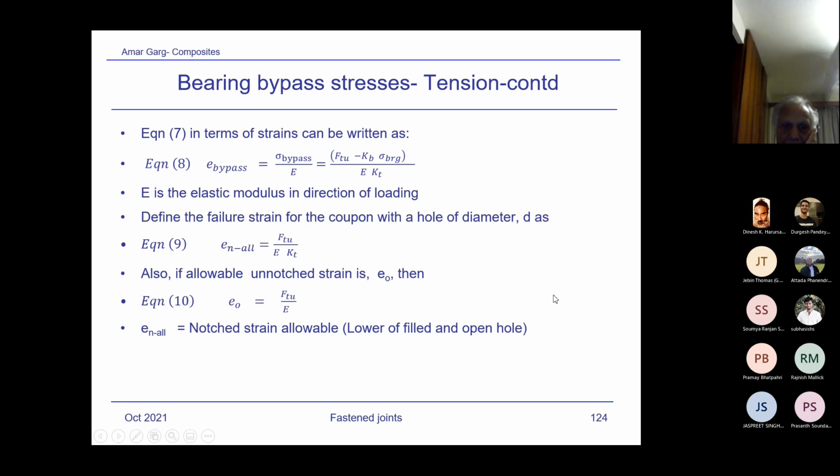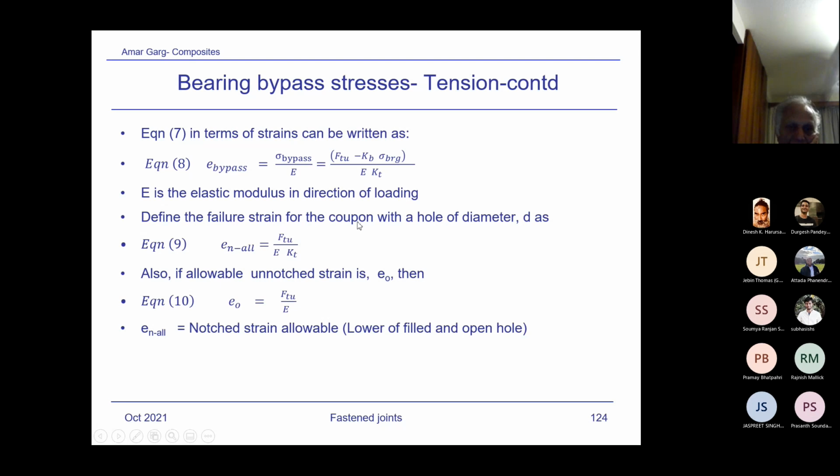Repeat it. Based on that equation, which is this one, I converted to the strain here and wrote down: E bypass equals sigma bypass upon E, and this is what the equilibrium is. E is the elastic modulus in the direction of the loading.